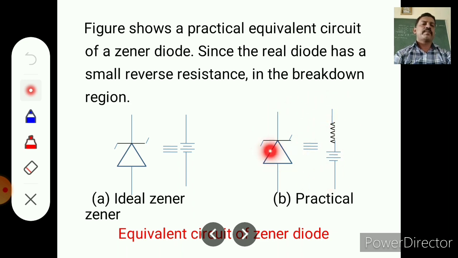So practically the equivalent circuit of the Zener diode is one resistance and one battery, and the ideal one has no reverse resistance, and therefore it will provide a constant voltage supply. Means we observe a perfect DC voltage, but practically some resistance is also present. So this is the equivalent circuit of the Zener diode.